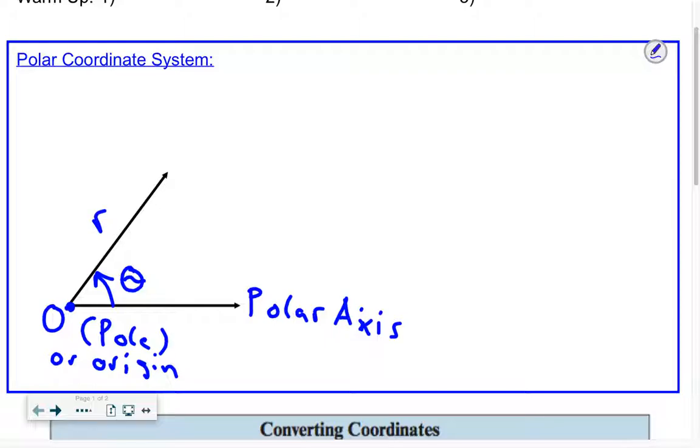That's my value R, which, as you can guess, stands for radius. So we're going to be told an angle as to where we're going to be directed, and then the distance to where we're going to go, R. And at that point, we have our polar coordinate R, comma, theta. Just like we had X, comma, Y, now we have R, comma, theta.